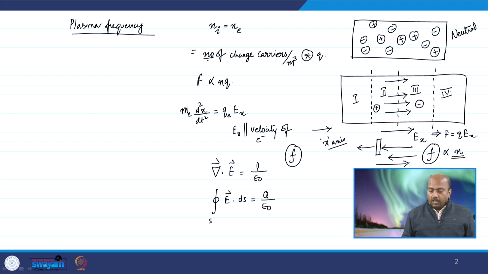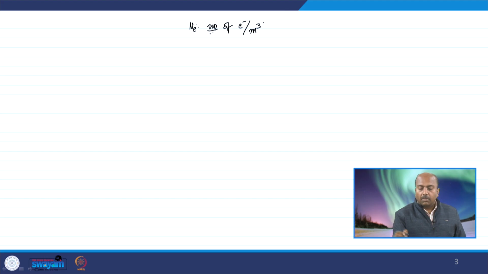Okay. Now, let us bring in other variables related to the plasma, which is Ne, going to be equal to the number of charge carriers or number of electrons per meter cube. I am writing it as per unit volume. Okay.